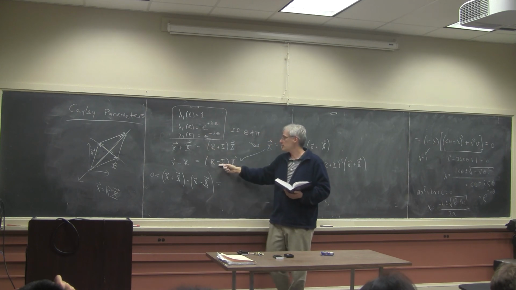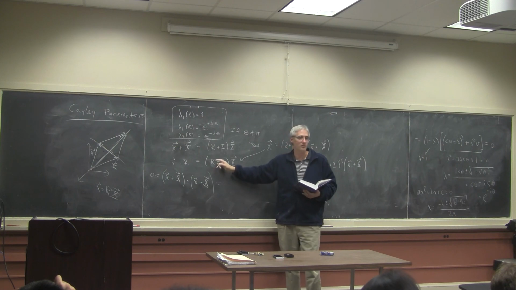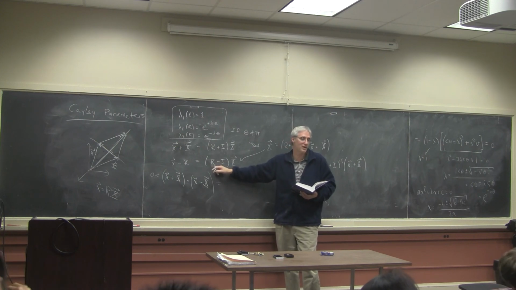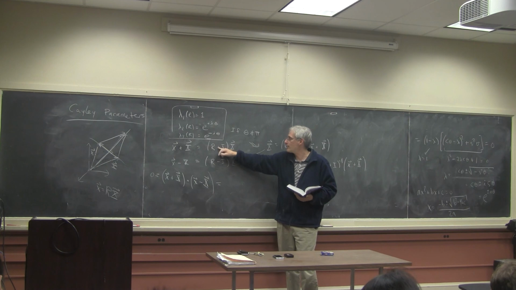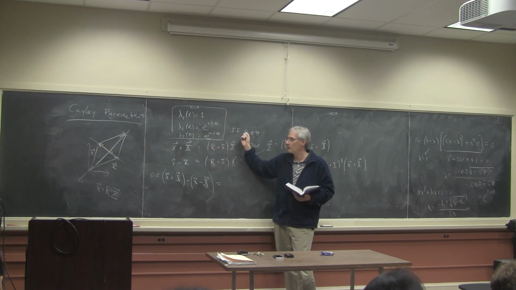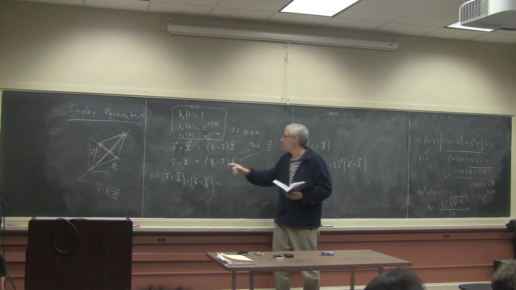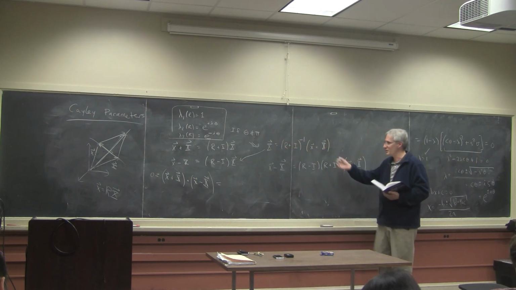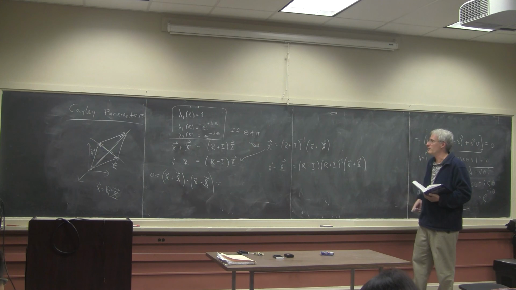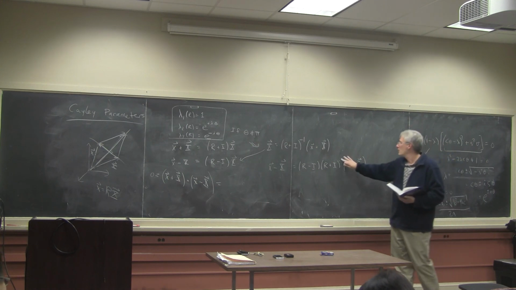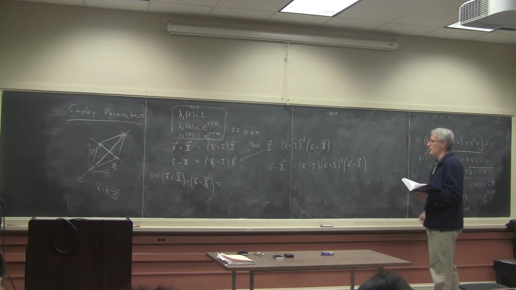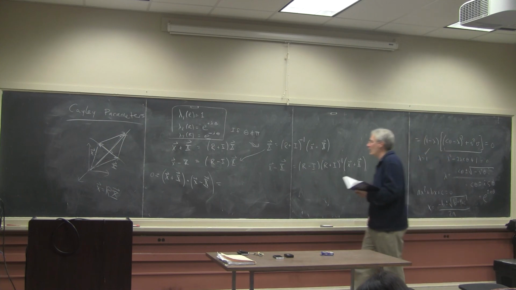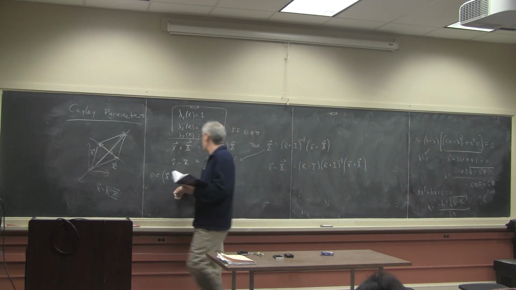So this will never be invertible. This is always a singular matrix. You can't invert it. You can invert this one all the time except when theta is equal to pi, and you can never invert this one, which is okay because for what I'm doing here, we don't have to invert that one. So we have this expression right here, and now we're going to use this fact that I mentioned over here.